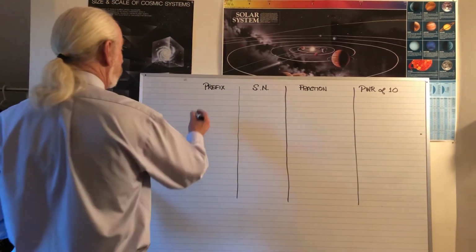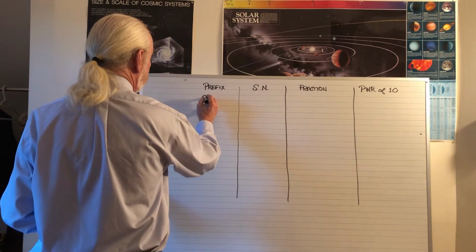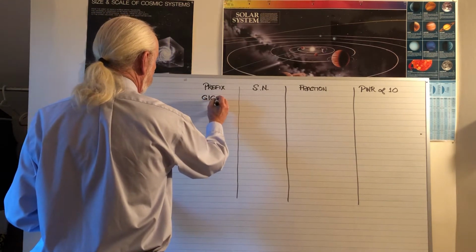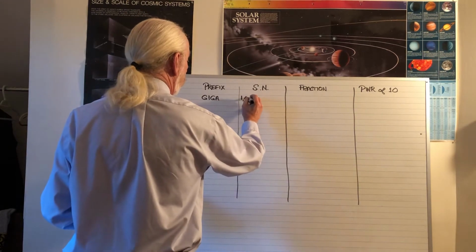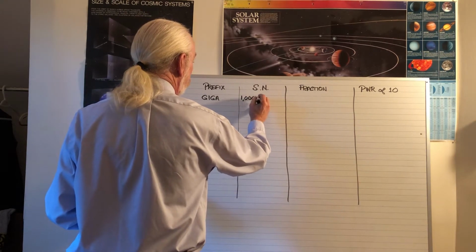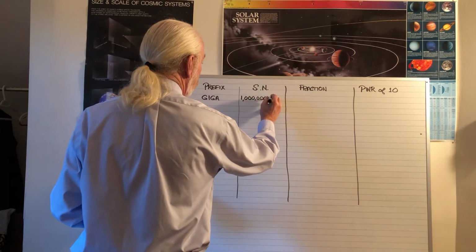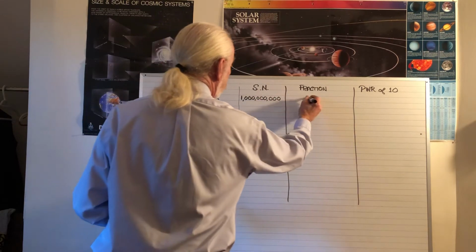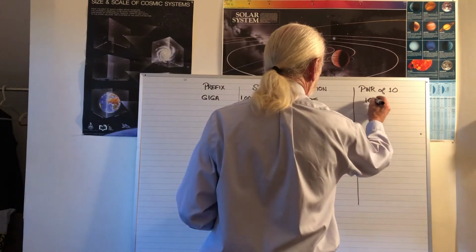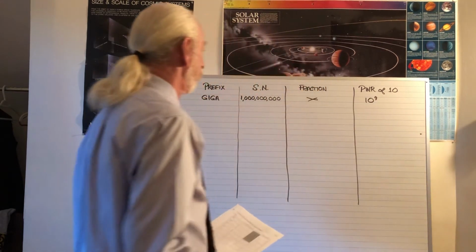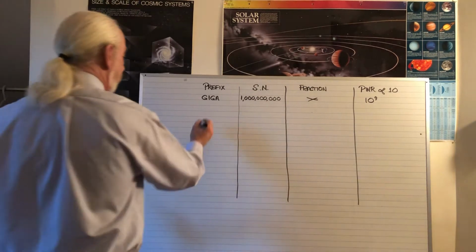So we'll start with giga, or if you want to be fussy about it, giga. Standard notation, that's 1 billion, 1 with 9 zeros. No fraction involved here. Power of 10, 10 to the 9th. Next is mega.